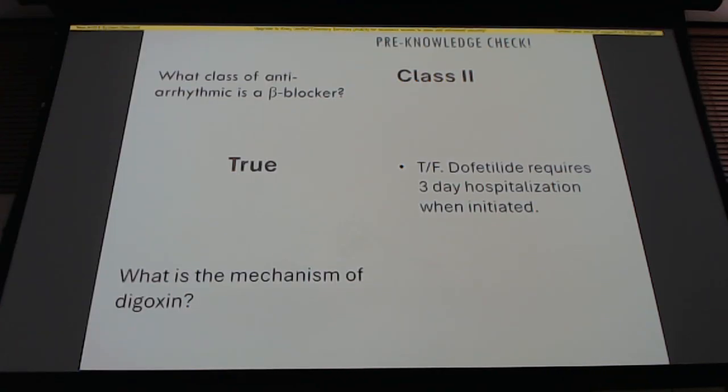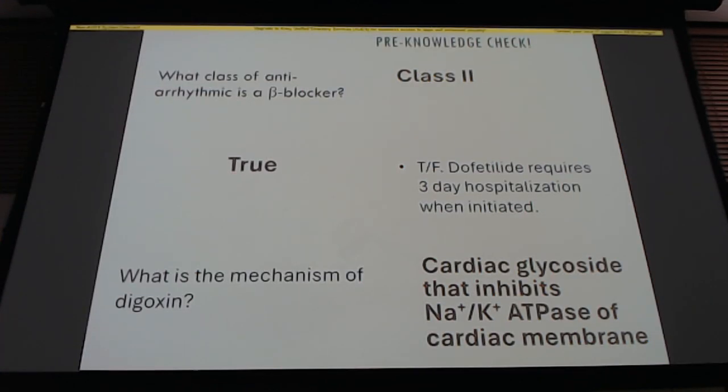When we're looking at our digoxin, can somebody give me the mechanism? Sure, that sounds fantastic. Cardiac glycoside, right? Remember when we were talking about digoxin and how it was going to help me get that bigger squeeze. More calcium was going to be able to come in so I can have a stronger squeeze, a stronger pump.